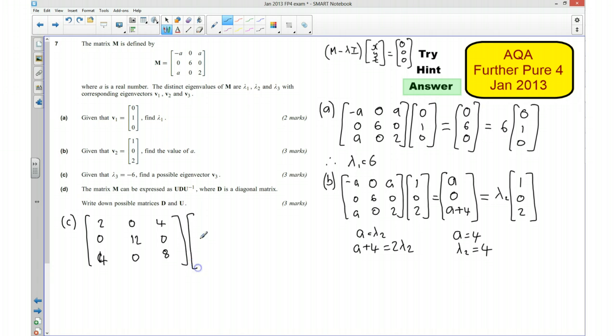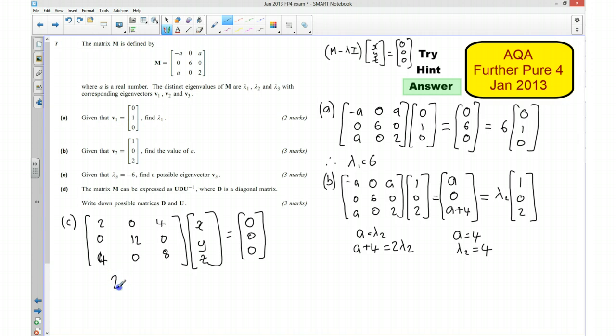And I know that if I multiply this by x, y, z, I'm going to get the 0 vector.